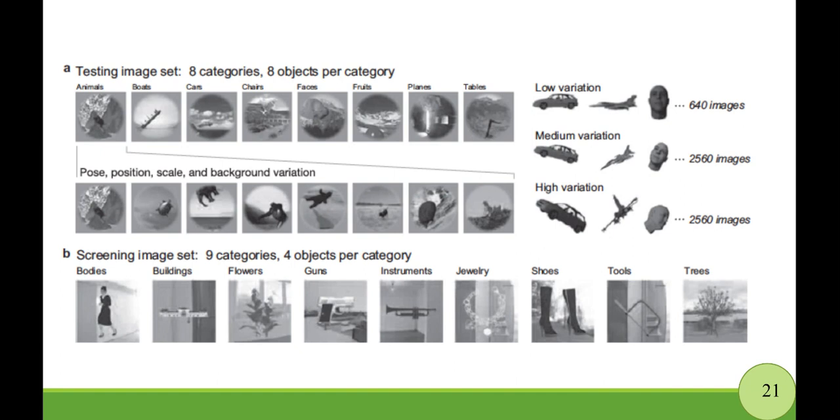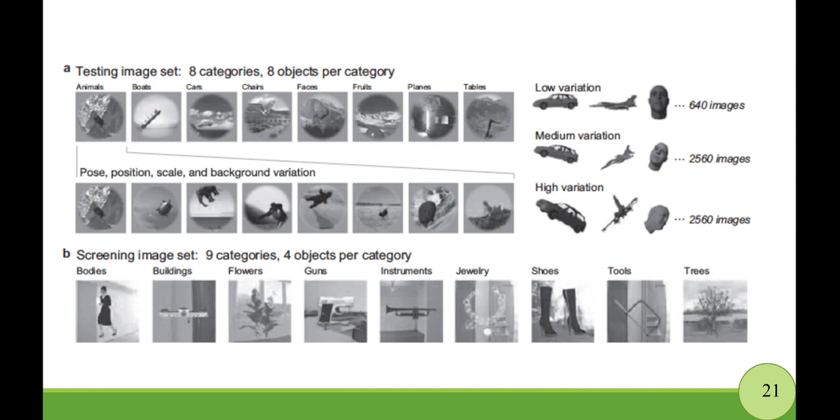They tried 8 categories and 8 objects per category: animals, boats, cars, chairs, faces, fruit, plants, and tables. They impose different kinds of variation, including pose, position, scale, and background variations.